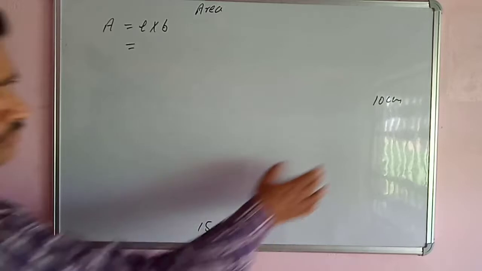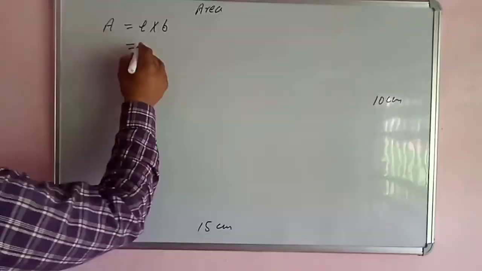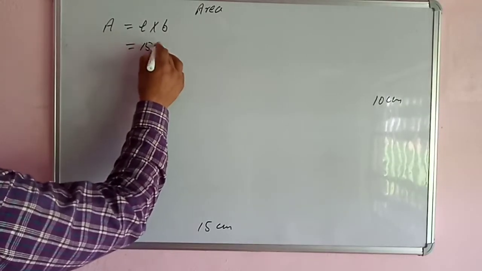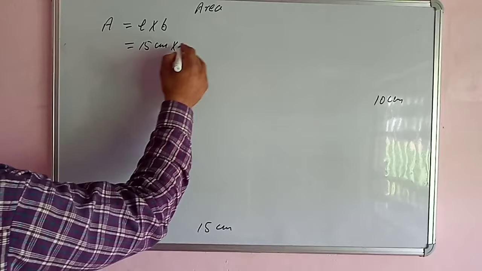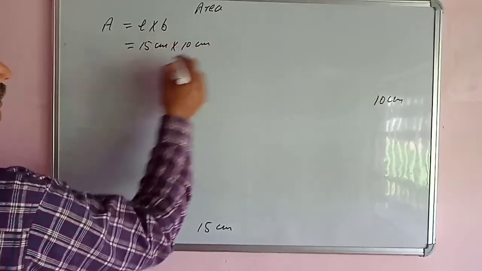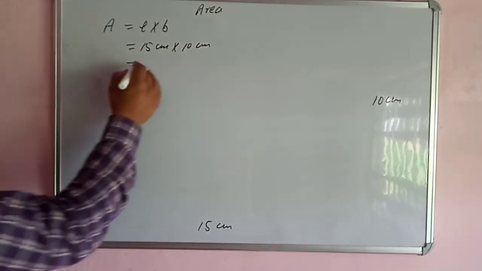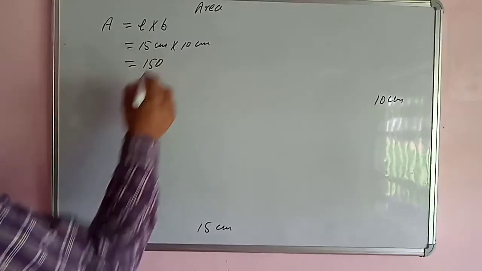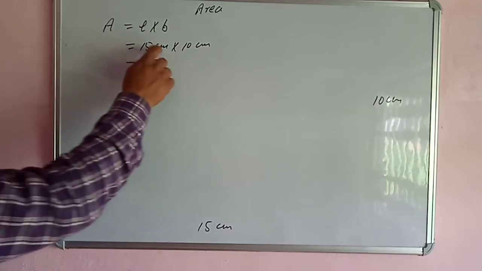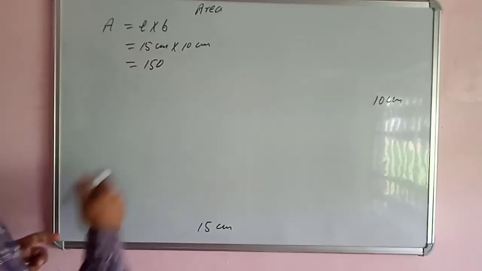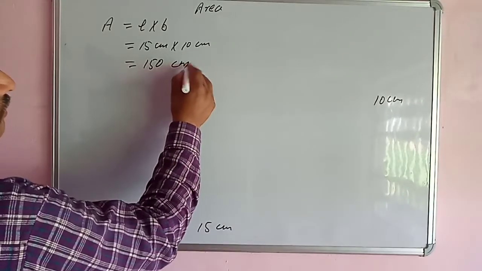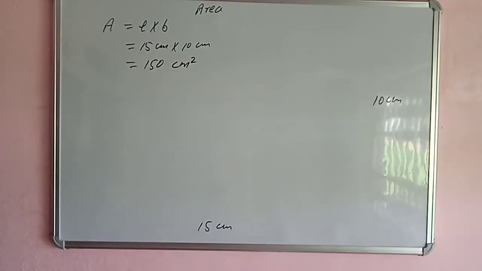So length is 15 centimeter and breadth is 10 centimeter. So 15 multiply 10 is 150. And the unit: centimeter multiply centimeter, so it is centimeter square or square centimeter.